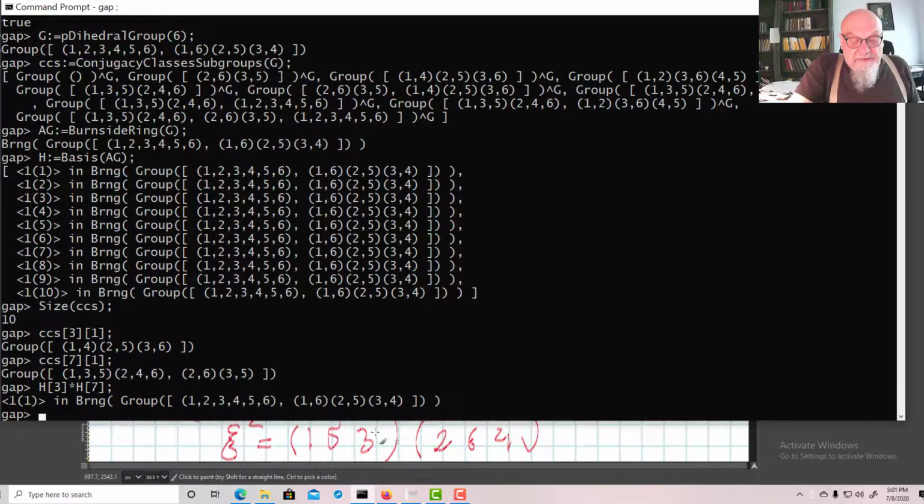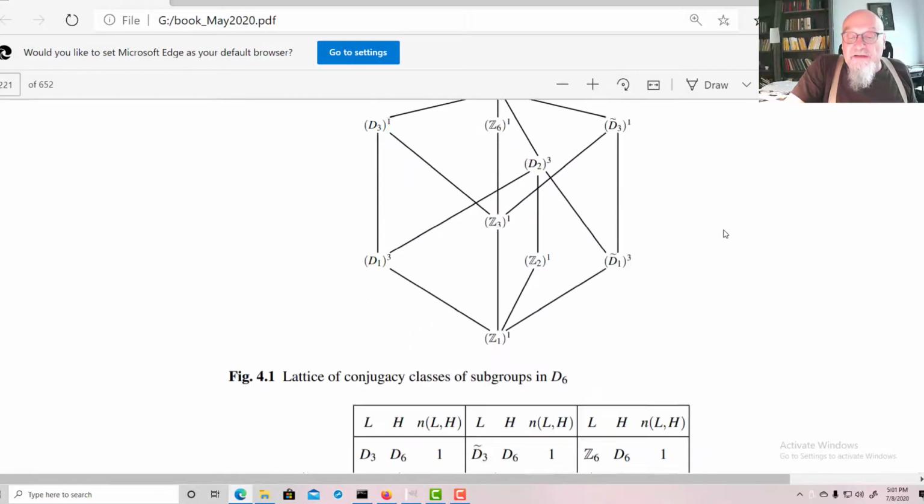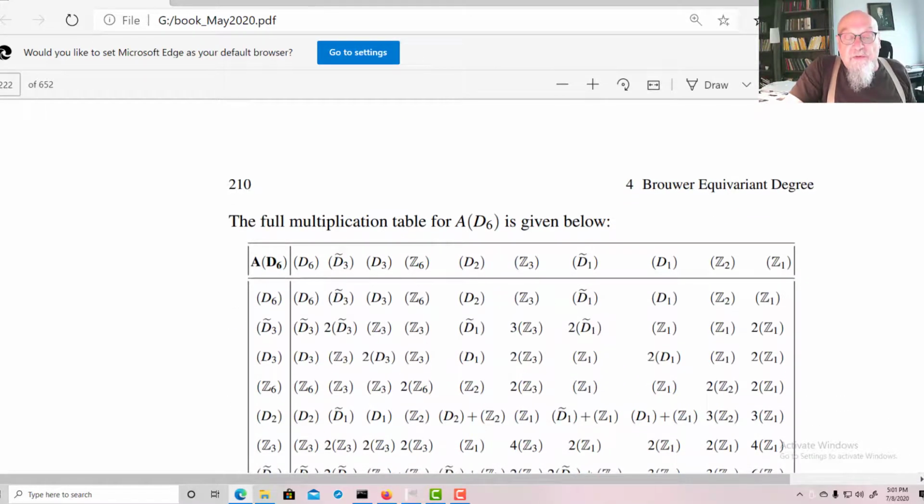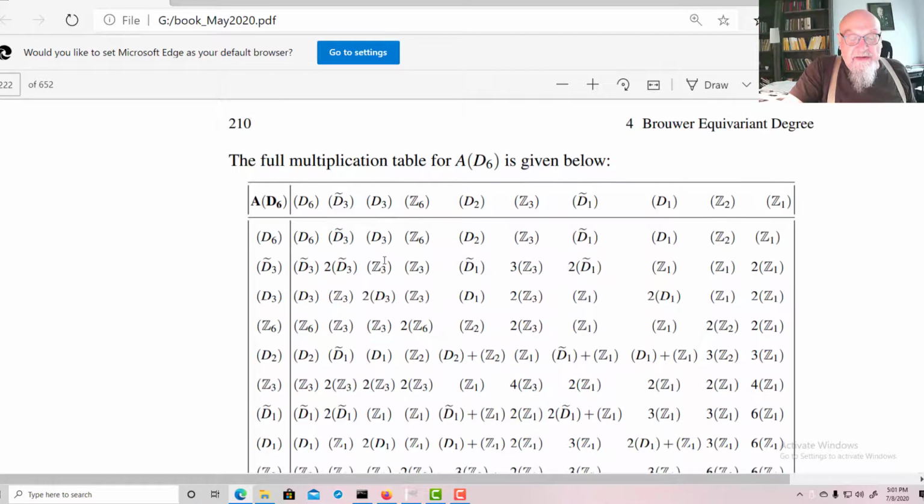Is this true? Let me check my table. I have this table, and I'm worried that maybe my table is not correct. So let's see if it's correct. What did I compute? I took the group D3 and multiplied it by D1 tilde.